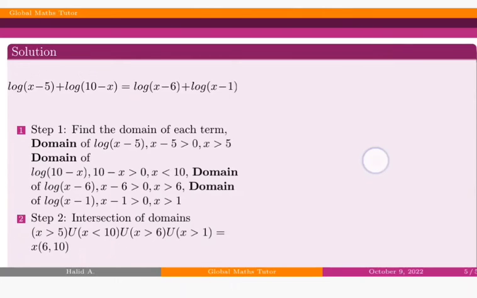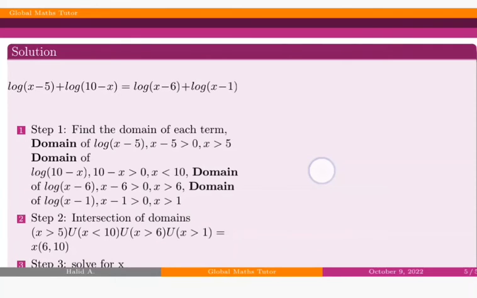After finding the intersection of their domains, we need to solve the equation as we described in our guidelines. For solving for the value of x, we will use logarithmic rules. Here we can use the product rule.